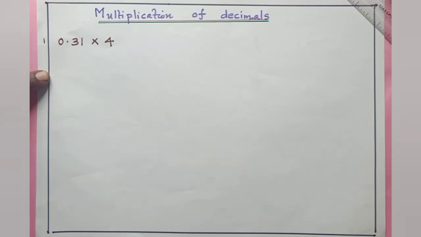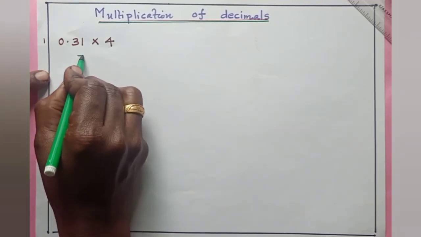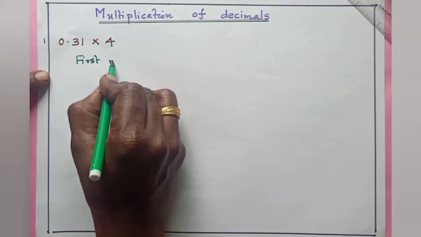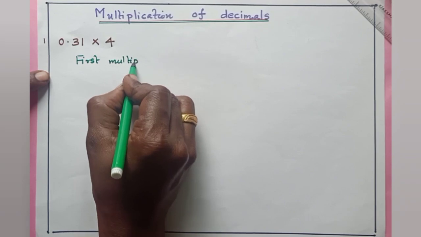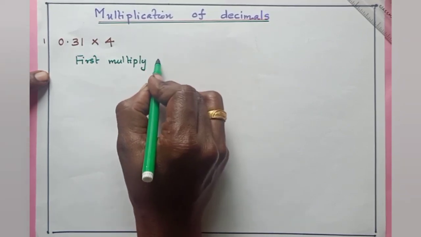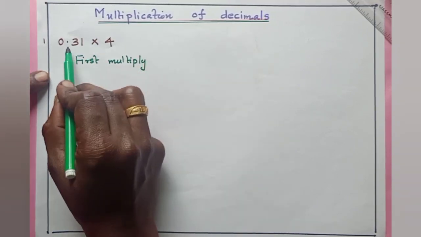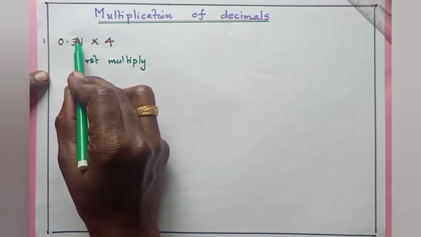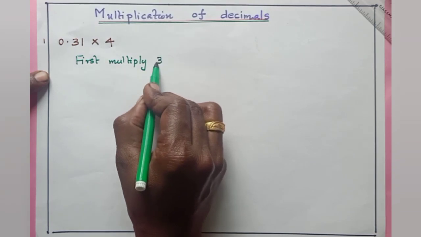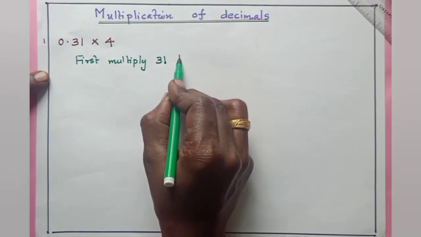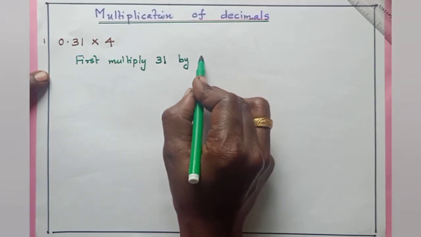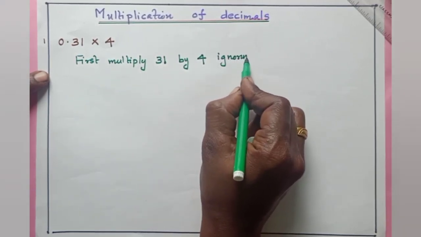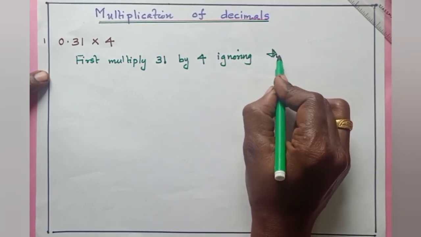First, multiply 0.31, ignoring the decimal point, we get the number 31, by the whole number 4, ignoring the decimal point.